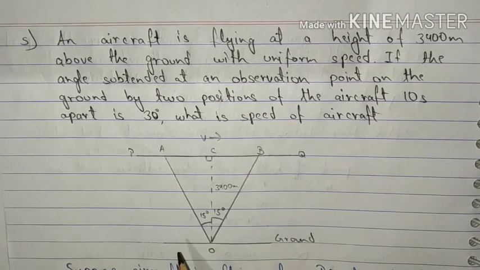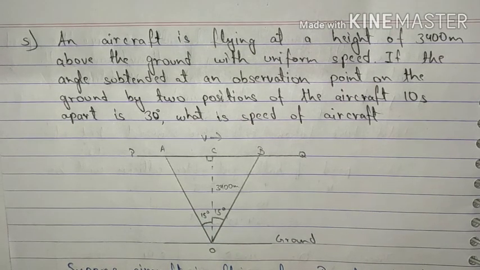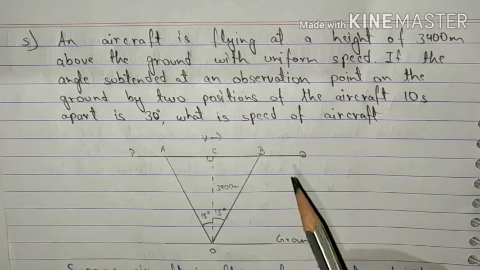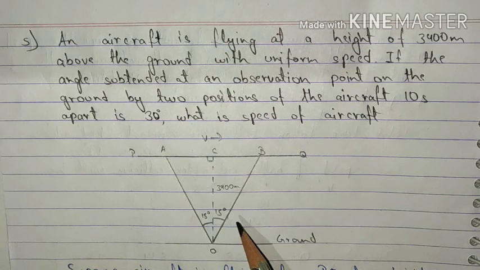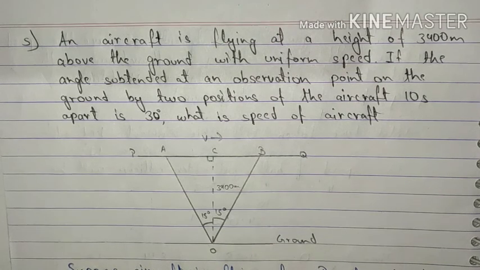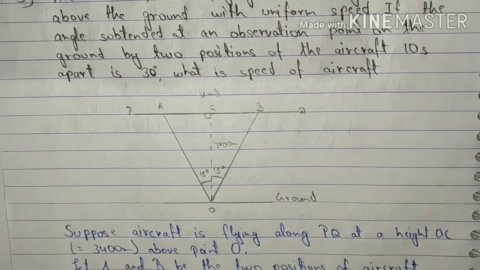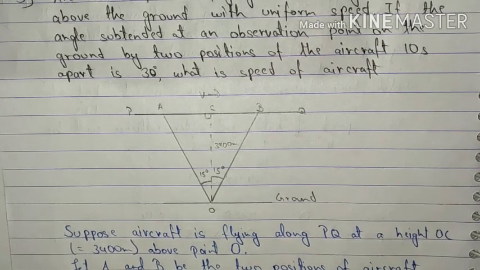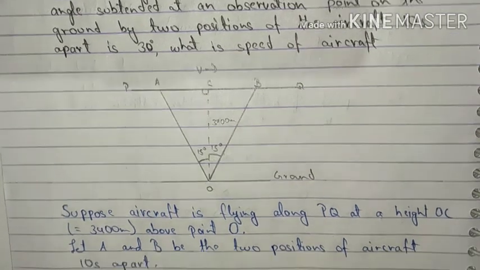So we can divide it into two sections of 15 degrees and 15 degrees. That means we now have two triangles, triangle BCO and triangle ACO, both of which have an angle of 15 degrees each. The time given to us is 10 seconds, and we have to find the speed of the aircraft.